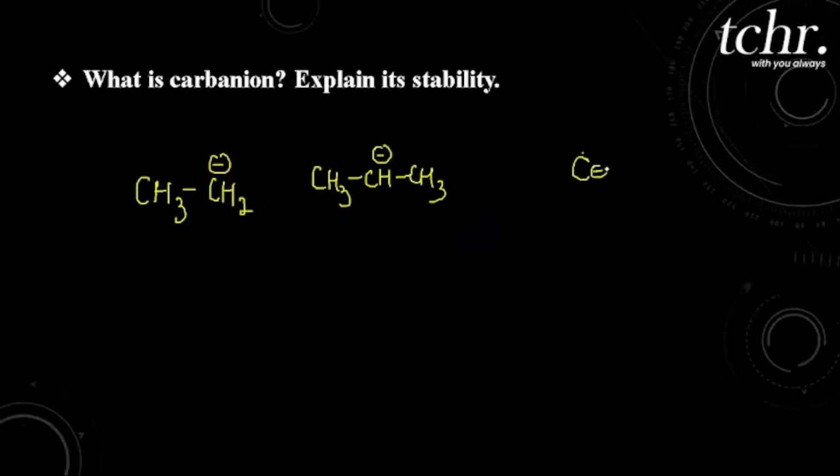After heterolytic cleavage, if a carbon atom gets a negative charge, we call it a carbanion. So for carbanion also, students, we can write the same way you wrote for carbocation: primary, secondary and tertiary structures of carbanion.